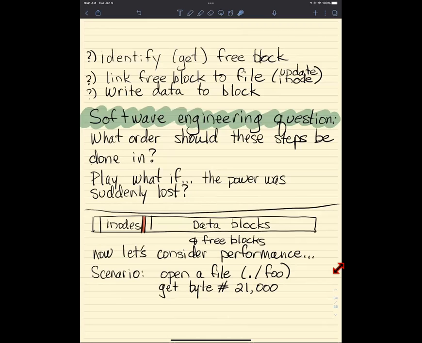Now, what do we call the data structure that keeps track of the allocated blocks? You know the answer to this. Go ahead. If a block is allocated, what's it doing?